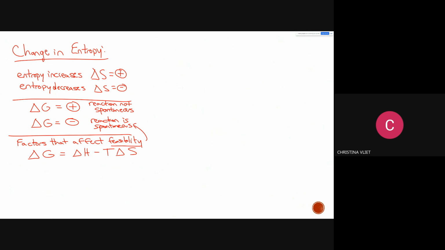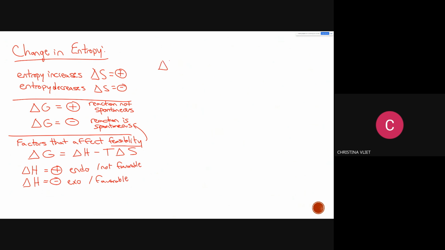For delta H, what is favorable, positive or negative? Negative, right? So remember, delta H positive is endothermic, which is not favorable. And delta H negative, exothermic, is favorable.